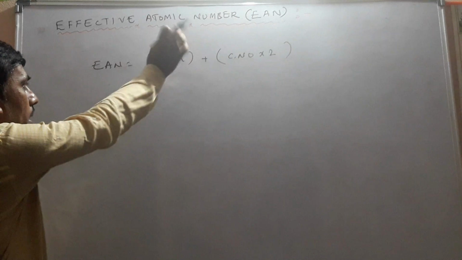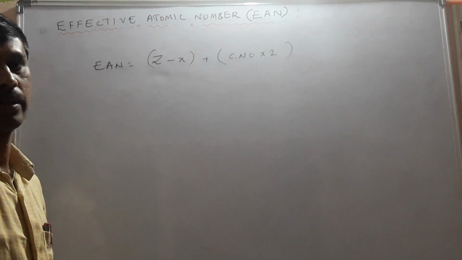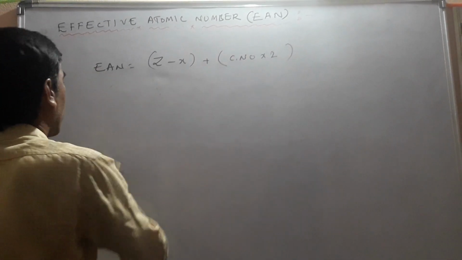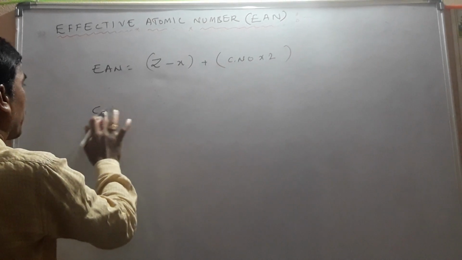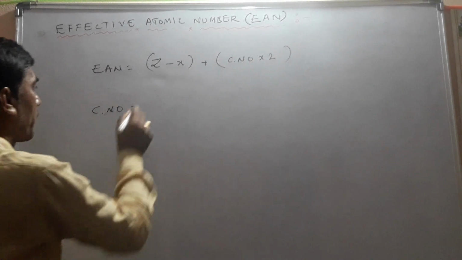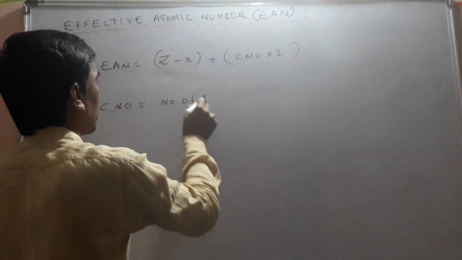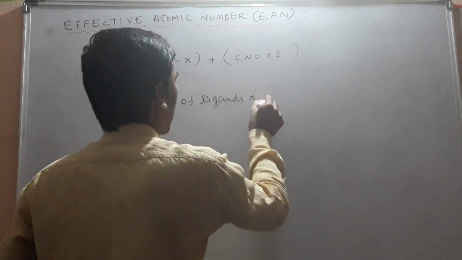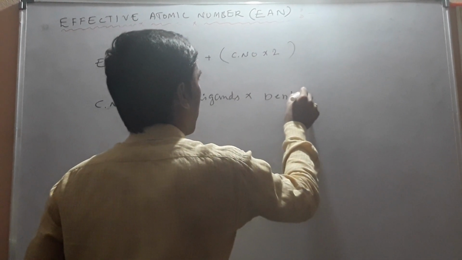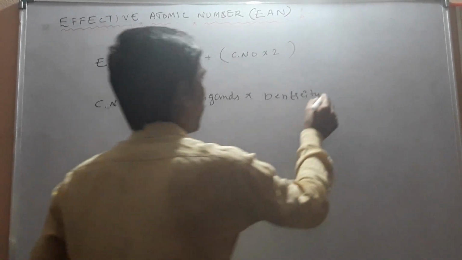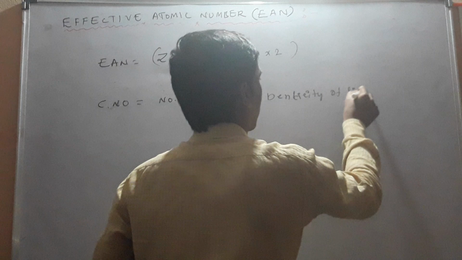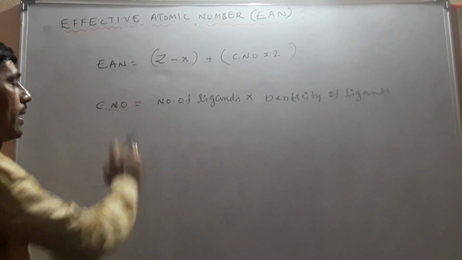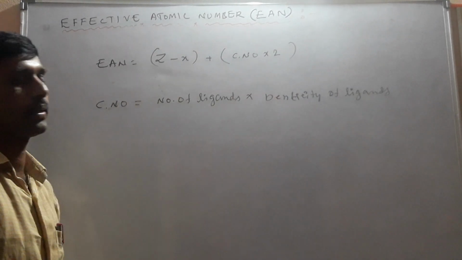In this formula, Z means the atomic number of the metal atom, X means the oxidation number of the metal atom, and coordination number is equal to the number of ligands into the denticity of ligands.